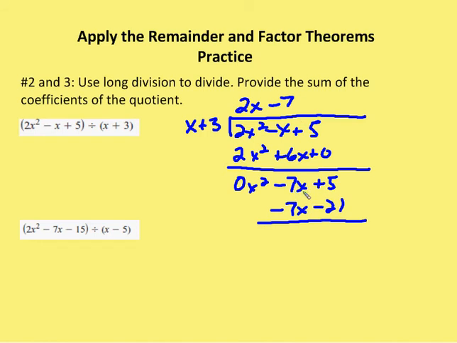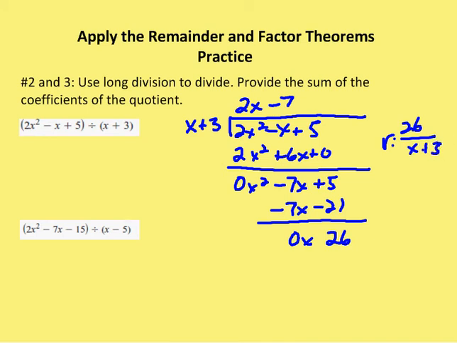And I'm left with -7x minus -7x gives me 0x. 5 minus -21 gives me a positive 26, and that's my remainder. So I have a quotient of 2x minus 7, and my remainder is going to be 26 over x plus 3.